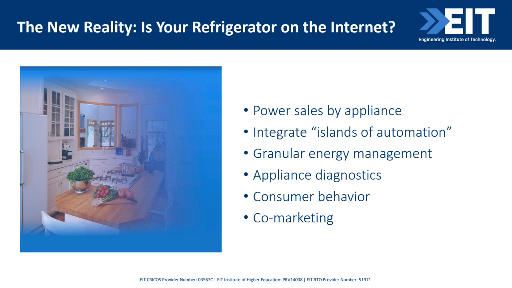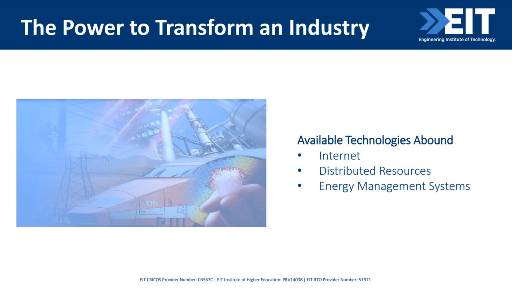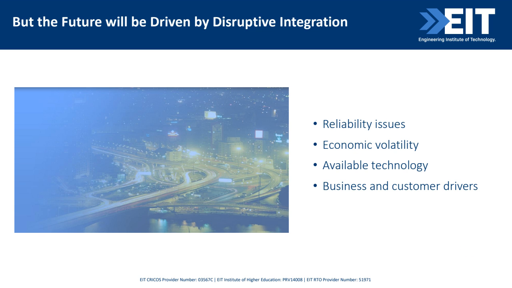So if you look carefully, we have the power to transform the industry. We have got at the moment internet. We've got DER, distributed energy resources. We've got an energy management system. So these technologies are around, my friend. But I told you the system will be disruptive and we have to integrate this disruptive system. So we will have issues with reliability.